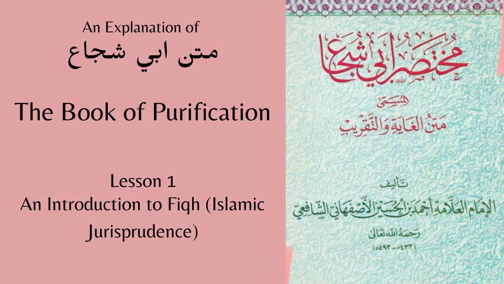But we have different subjects: aqidah, fiqh, tafsir, hadith, usul al-fiqh, ulum al-lughah, nahu, sarf, balagha, so on and so forth, so that it becomes easy for us to study the ulum al-shar'iyyah, to study al-Islam. So we study one subject at a time, or we study things one by one in a proper order.